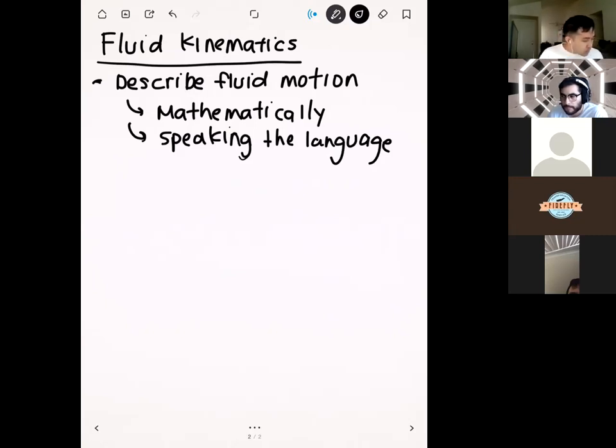Okay, and so let's start with the first basic thing, which is different viewpoints on how to describe fluid flow. There are two main ways that we can describe fluid flow. You can think of these as schools of thought. The first is called the Lagrangian.